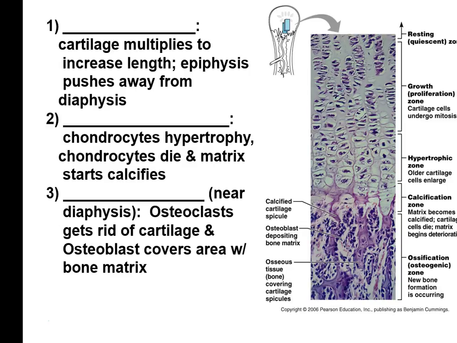So when we look at that epiphyseal plate, we see some definite areas of change. Starting at the end closest to the epiphyseal end, or the head of the bone, we see an area of growth or proliferation. This is where the cartilage cells increase, and as they multiply, they increase the length or the depth of that area.